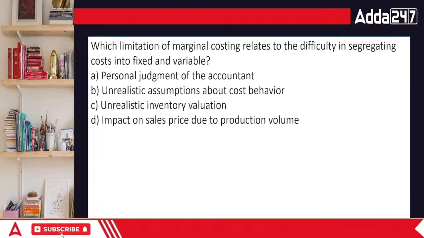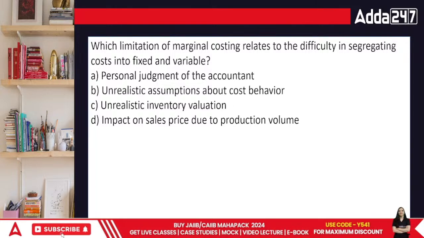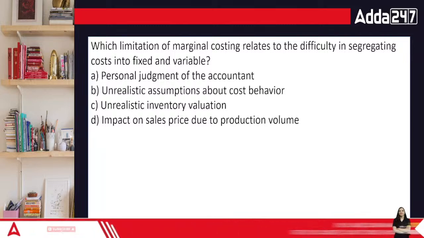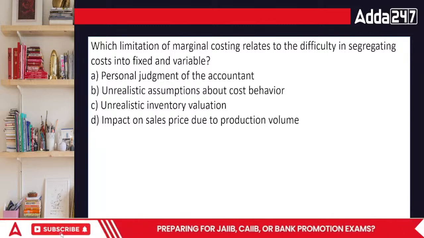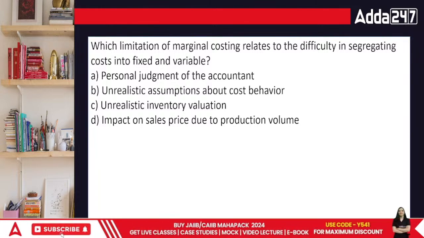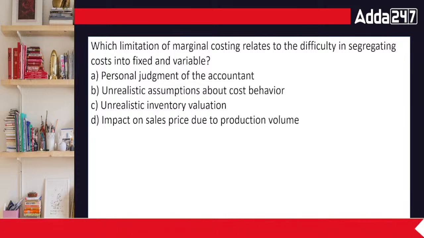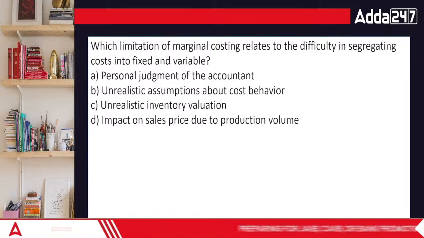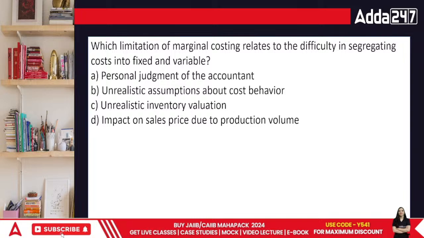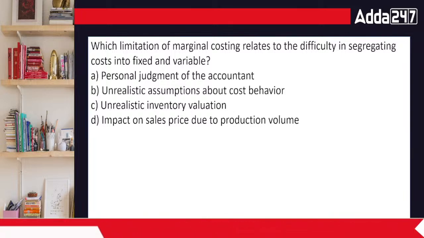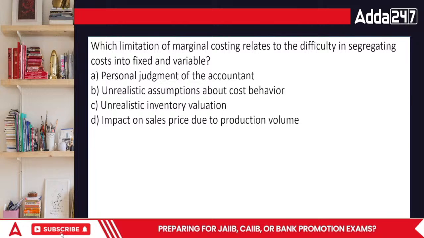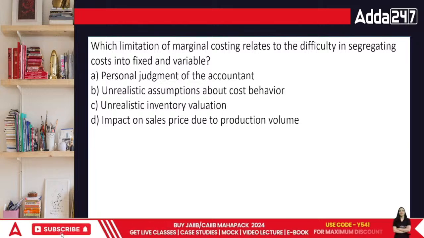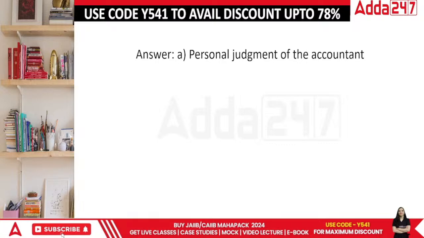Now next point. Which limitation of marginal costing? They're talking about the limitation of marginal costing: the difficulty in segregating cost into fixed and variable. Fixed cost and variable cost are related to the personal judgment of the accountant, unrealistic assumptions about the cost behavior, unrealistic inventory valuation, and impact on sales price due to the production volume. One particular problem is basically the personal judgment of the accountant.